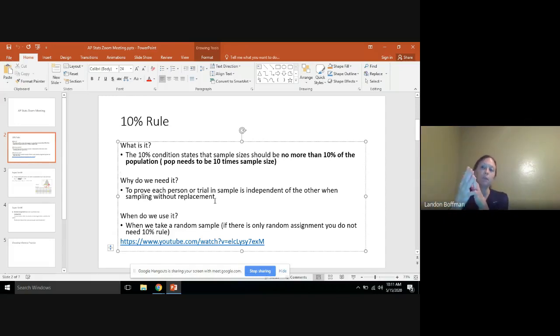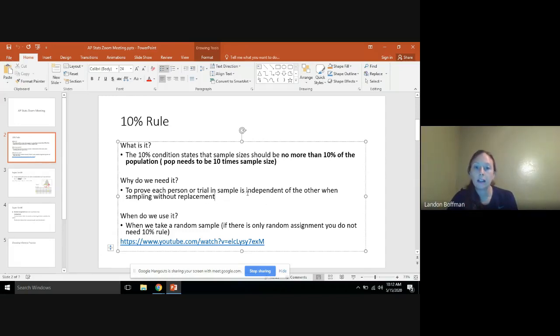But if our sample is 10 people and the mall has 10,000 people in it, one person leaving isn't really changing your population. That's why you want your sample to be less than 10% of the whole population, so that when you're taking one person out at a time, it's not really changing the population. You can still use your sample as a representative group of the population.